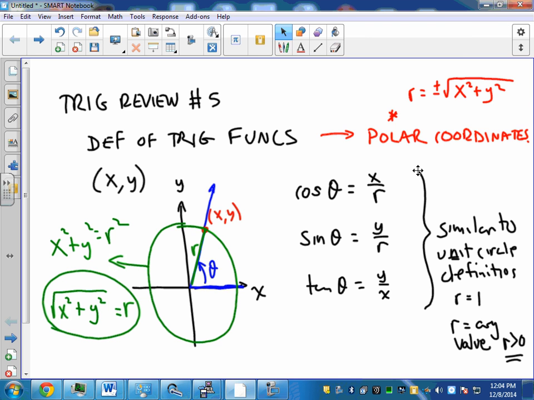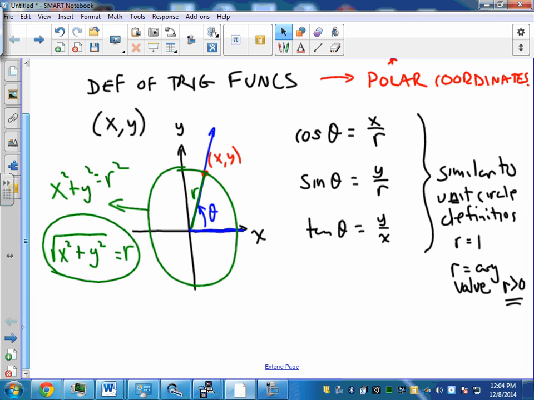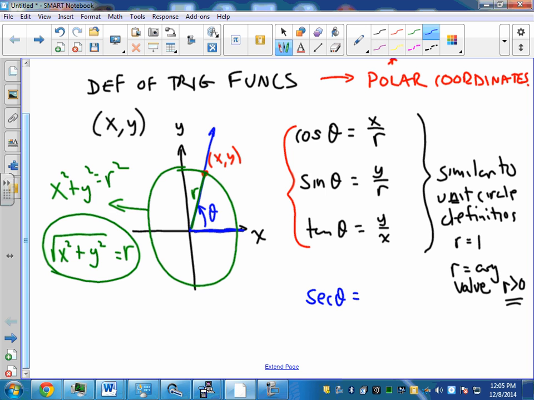Okay, and using this definition, and given any point in the xy plane, we can immediately come up with these three trig functions of the angle theta. The reciprocal functions, secant, cosecant, and cotangent, are exactly the same as before. Let's just list them down here. The secant of theta is the reciprocal of cosine, which is r over x.